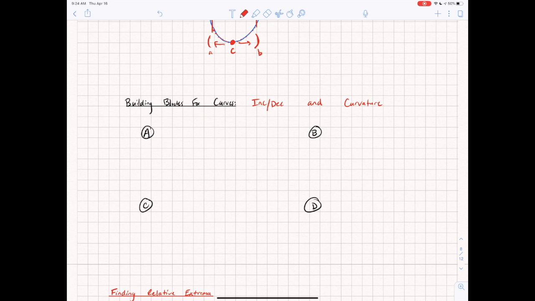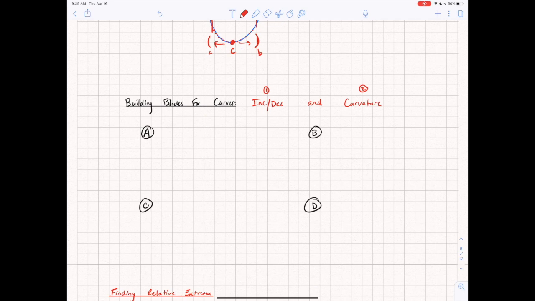In other words, every curve can be essentially broken down into 4 individual puzzle pieces that are then scaled to any size that you need them to be. And the way that these are sketched is based off of these 2 ideas, whether I'm increasing or decreasing in the curvature, so the bend of the graph. If you want to think about a bow, like bow and arrows, how is the bend? Is it bending out or is it bending in?